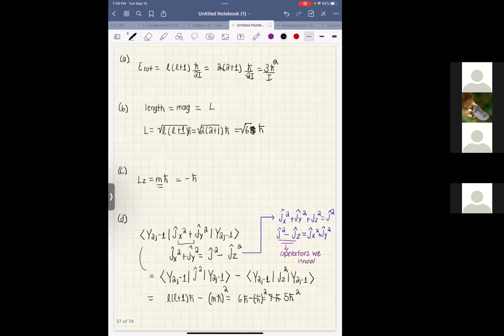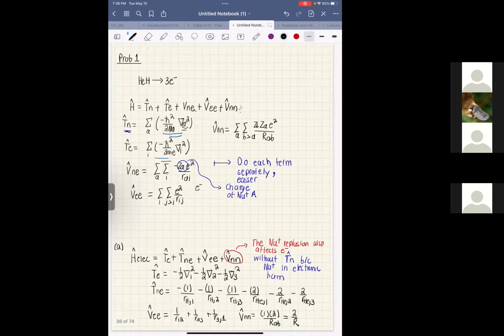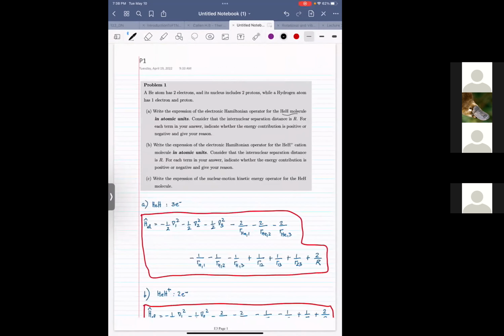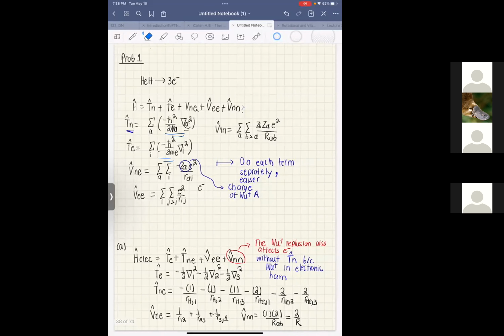Okay, so for this question, what they want you to do is find the total Hamiltonian, the electronic Hamiltonian for a molecule. And so for the electronic Hamiltonian, what we don't have is the kinetic energy of the nuclei.